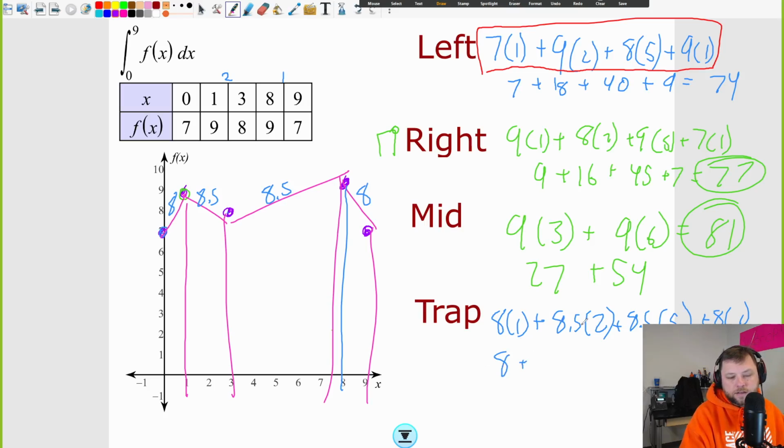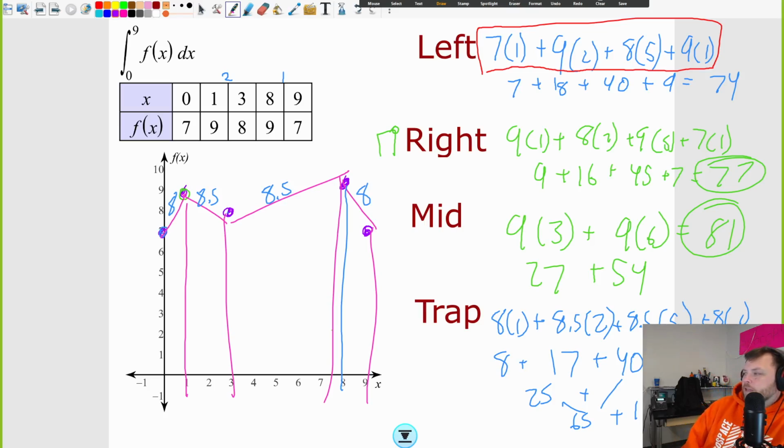That's 8 plus 17, that's going to be 40 plus 2.5, because 5 times 8 and 5 times that, and plus 8. You add all that up. That's 25 plus 40 is 65, plus 10.5 from those two. So 75.5, something like that.